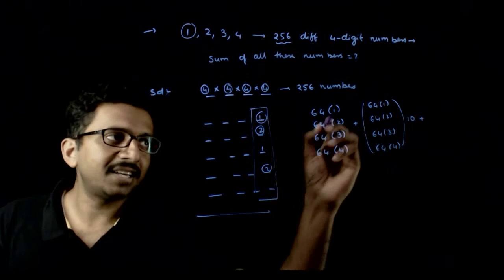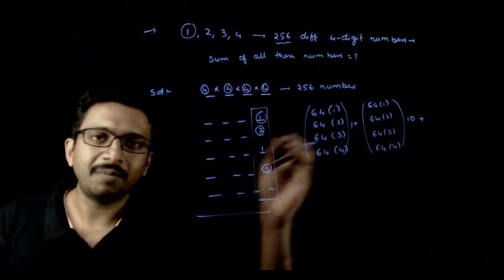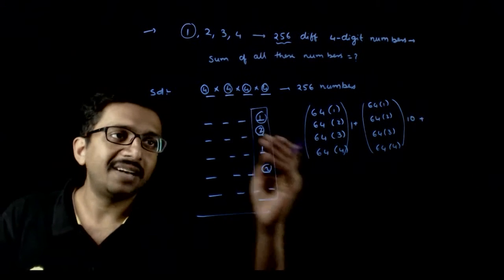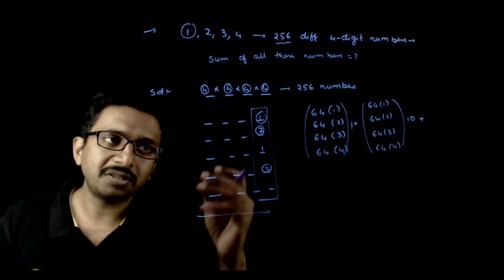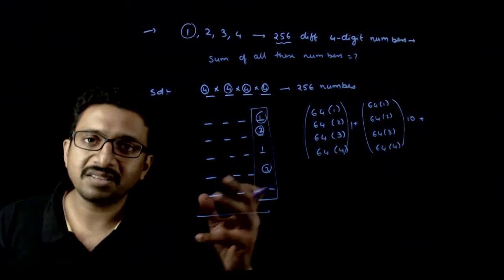Similarly, the units place has place value 1, so I add all of them and multiply with 1. I add all of this and multiply with 10 for the tens place. And similarly, in the hundreds place you also have 64 1s, 64 2s, 64 3s and 64 4s.